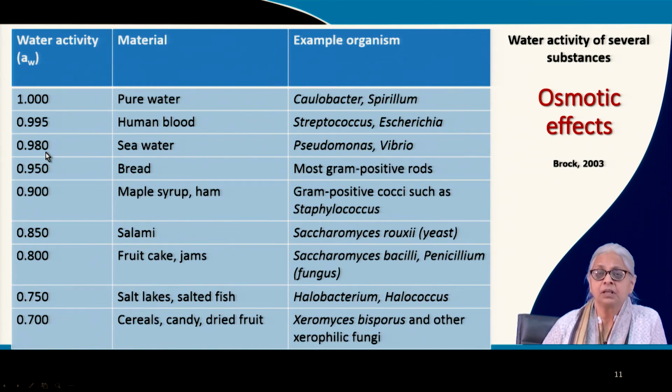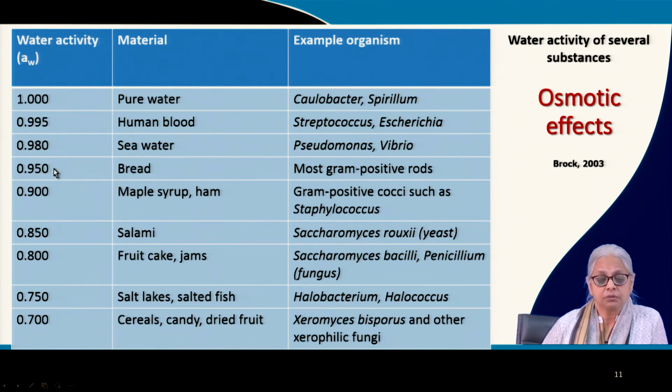Seawater is much higher in ionic strength and much lower in water activity, it's 0.98. Pseudomonas and Vibrio cholerae, famous for causing cholera, can survive under high ionic strength or low water activity.